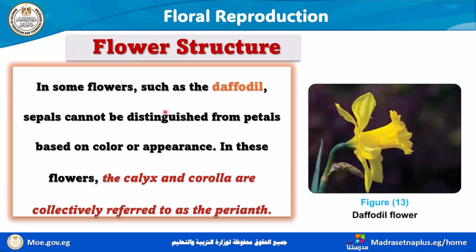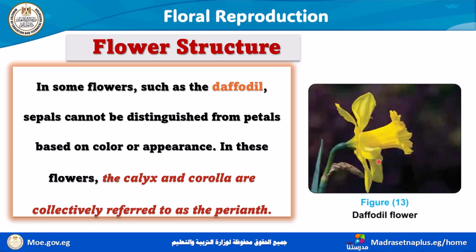In some flowers, such as daffodil, sepals cannot be distinguished from petals, like here in this figure, based on color or appearance. In these flowers, the calyx and the corolla are collectively referred to as perianth.